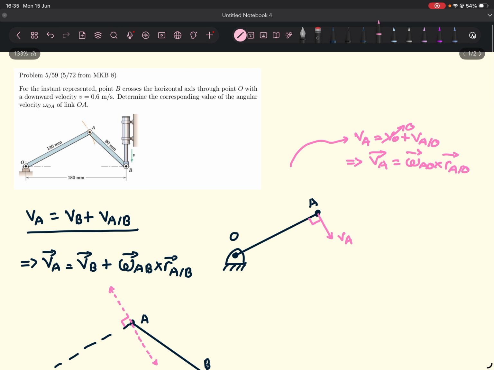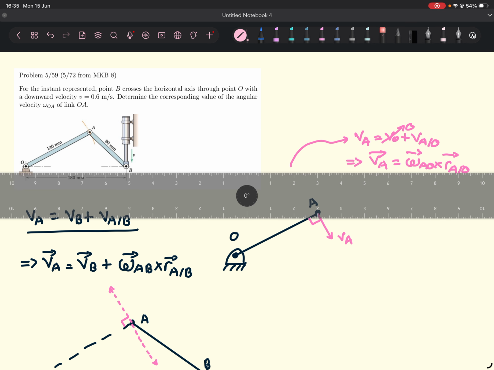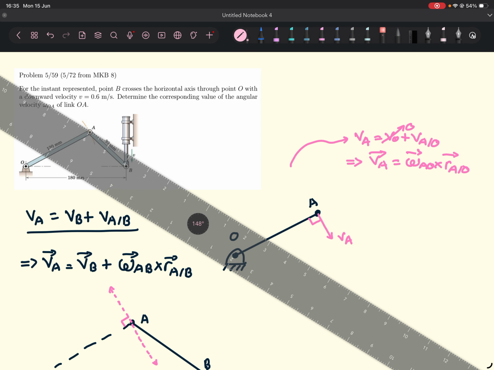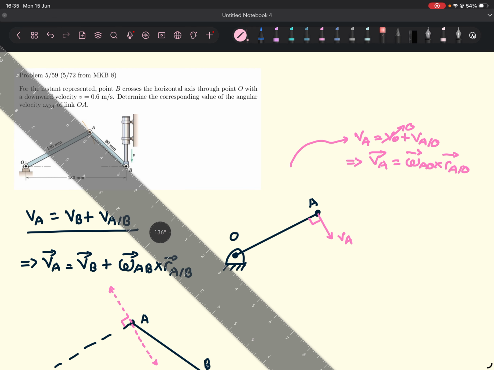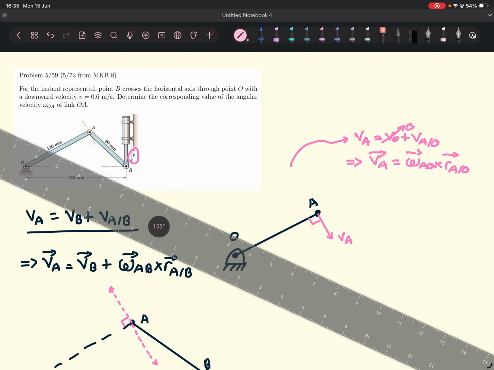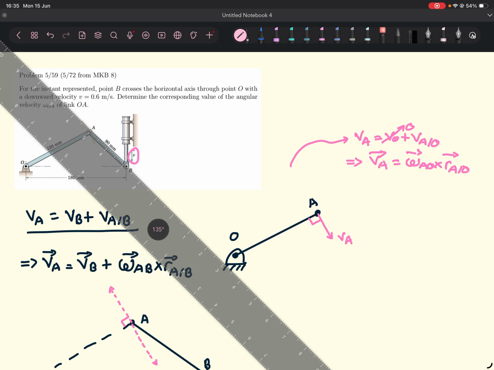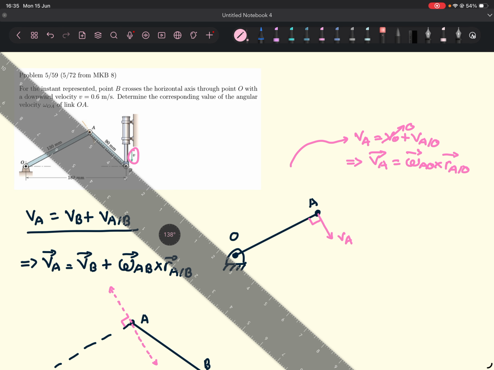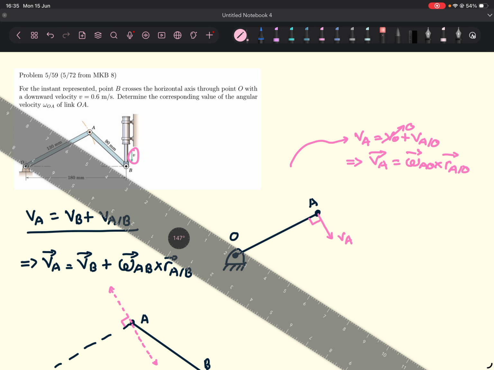You could try and visualize this problem and see that AB, right? Since B is moving down, then this will kind of move, if I can get this ruler to move nicely, this will kind of move down like that, right?